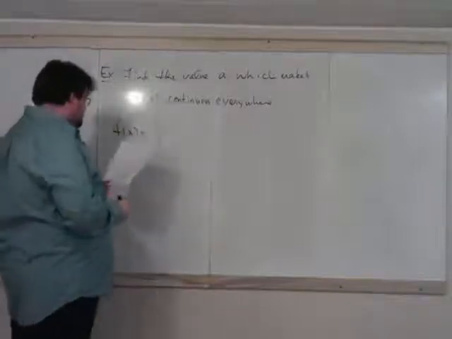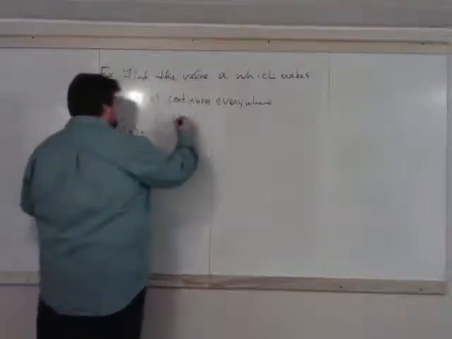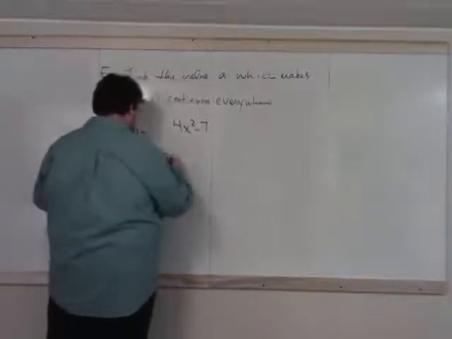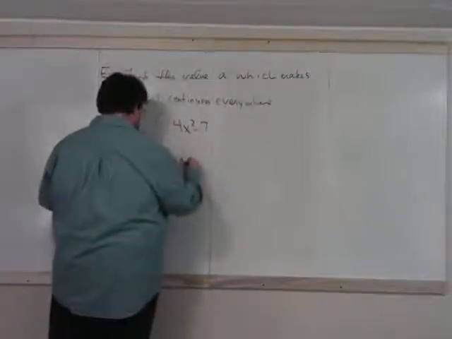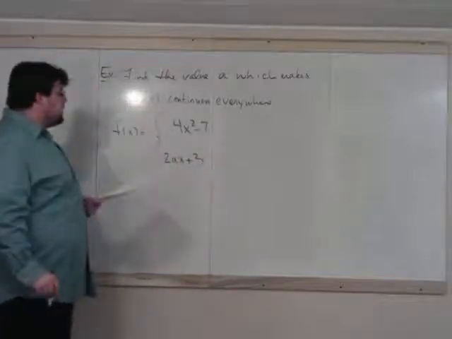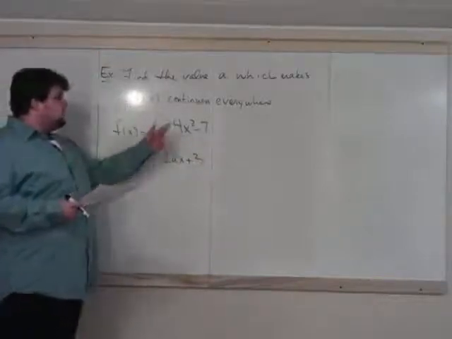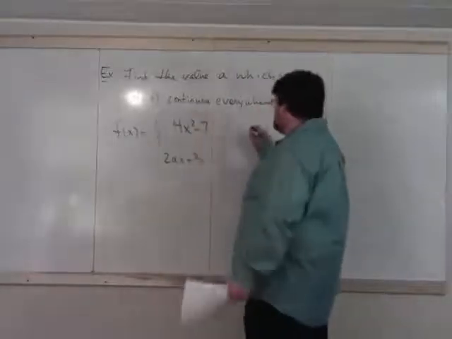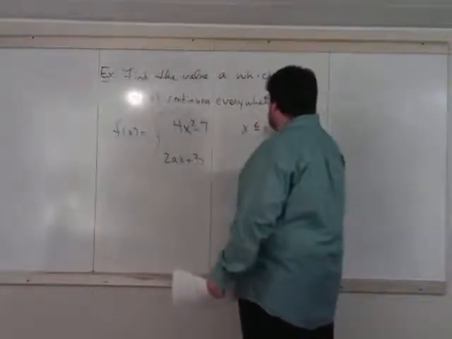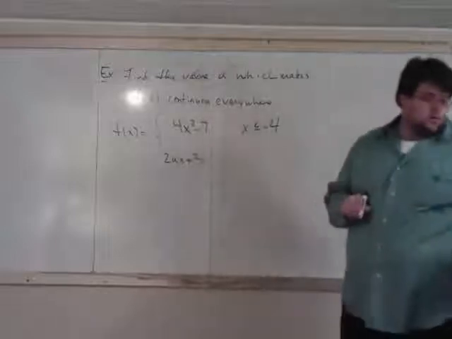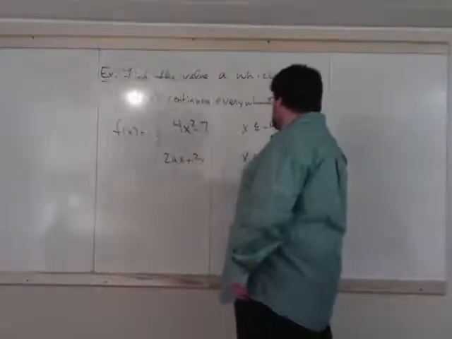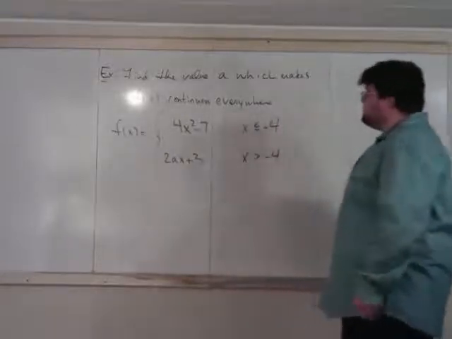Let's define this function piecewise, meaning in pieces. This function is going to be a parabola on one side of -4, and it's a line on the other side of -4.